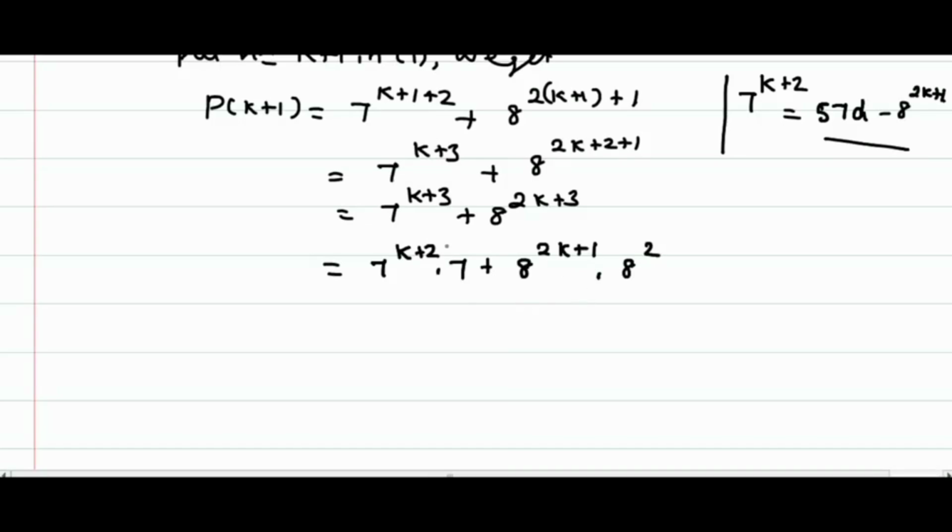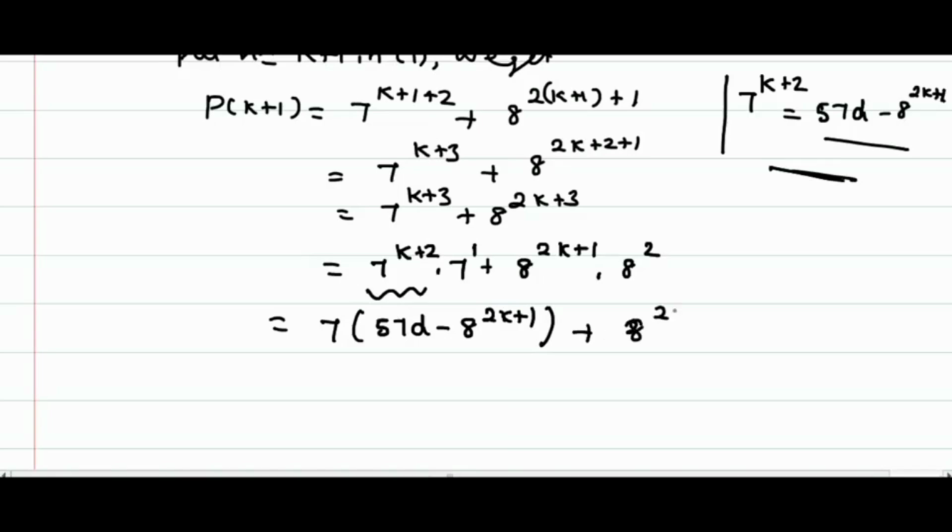If the base is the same, we can add the powers: k plus 2 plus 1 is k plus 3. We know this term's value from equation 2: 7 power k plus 2 equals 57d minus 8 power 2k plus 1. Substitute here: 7 into 57d minus 8 power 2k plus 1, plus 8 power 2k plus 1 into 64.